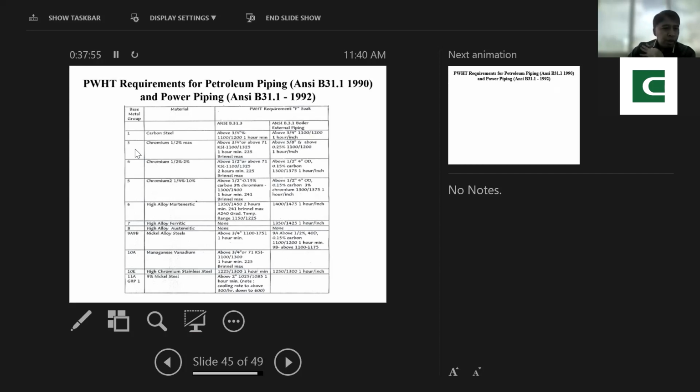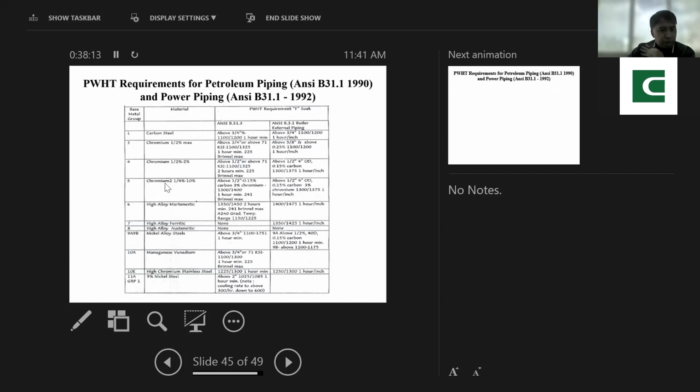So, P3 material, this is the requirement. If you notice from 1,1 to 1,2, naging 1,1 to 1,325. So, habang tumataas ang carbon content, slightly nag-i-increase din ang soaking temperature.